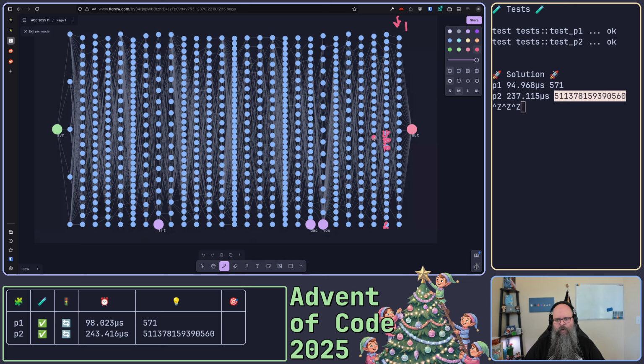So what is the total in this solution? Well, it's 50 times 10 times 10, which is 5,000. So we now know it's the product of the paths from each of the nodes.